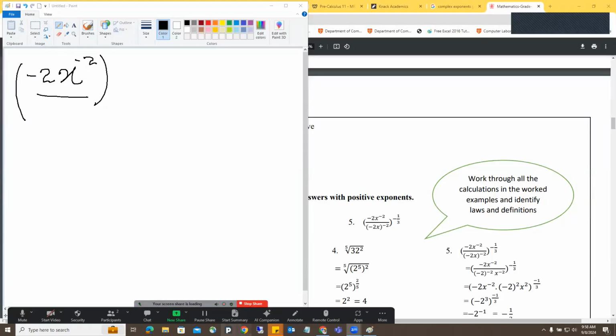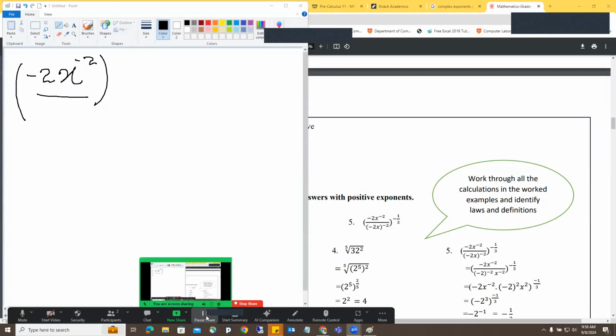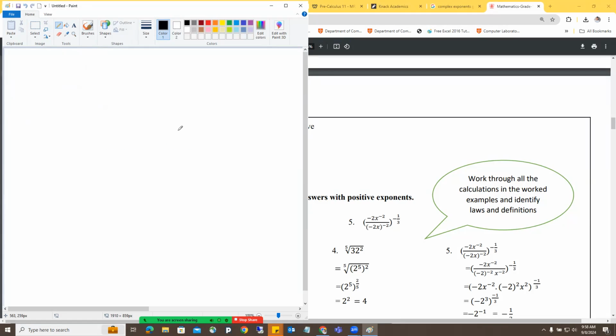Okay. I can see now. So now this is how it works. We have minus 2 x to the power of minus 2 divided by minus 2x.